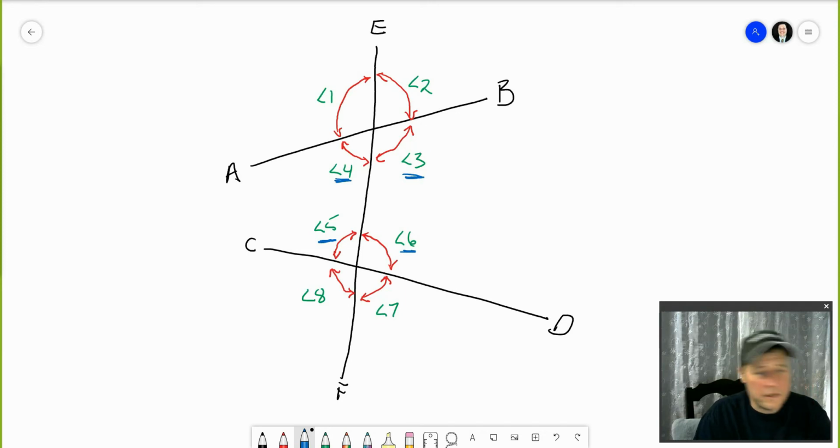Corresponding angles. Now I don't know if I put that on your list, but yeah, I did. Corresponding angles are pairs of angles, one interior and one exterior, with both angles on the same side of the transversal. So if you look at, let me just get rid of these here.